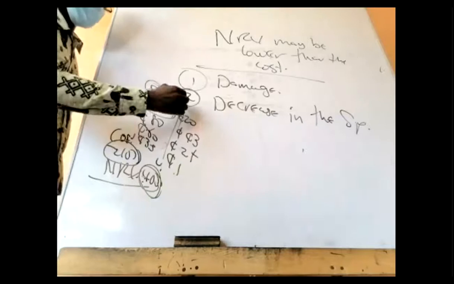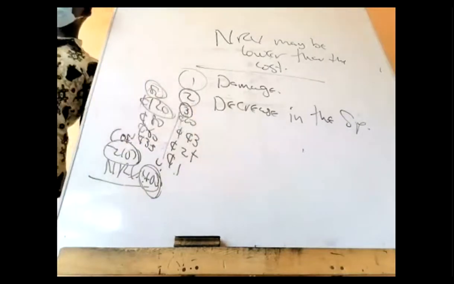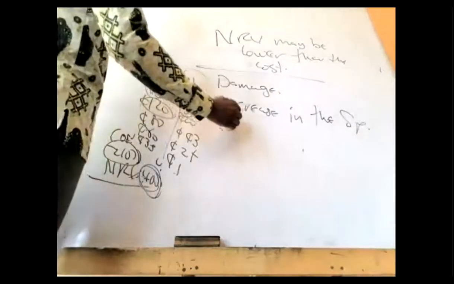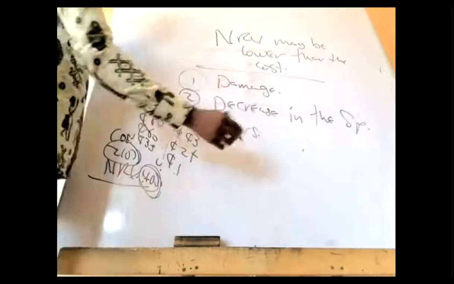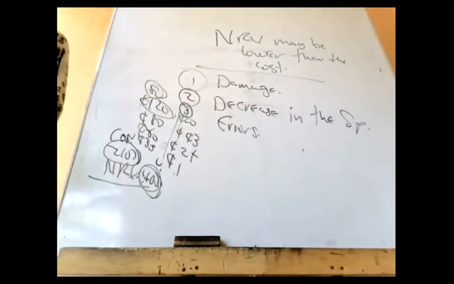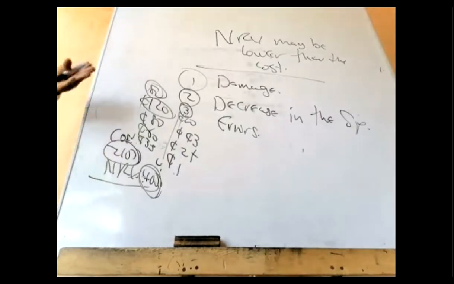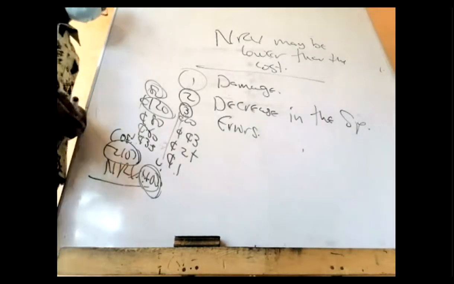Then point number 3. You can also have errors, mistakes in computation of the cost and the NRV, or in the inventory count. So either you have over or underestimated your goods, which can also lead to wrong inventory valuation.